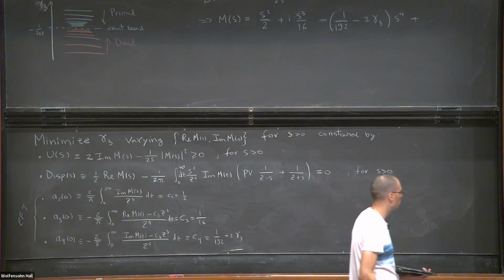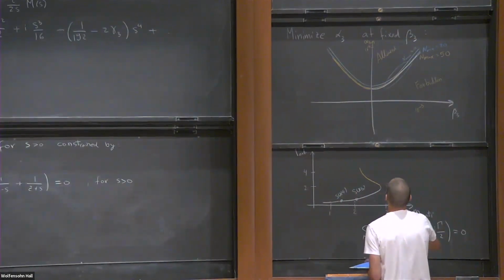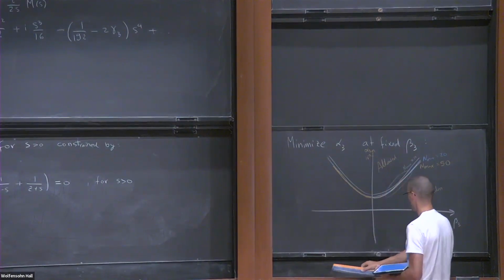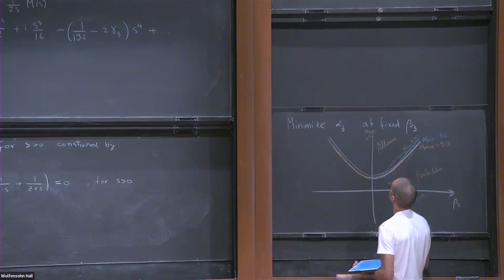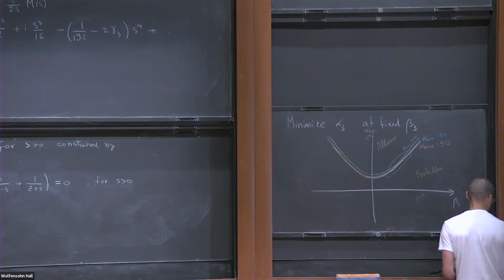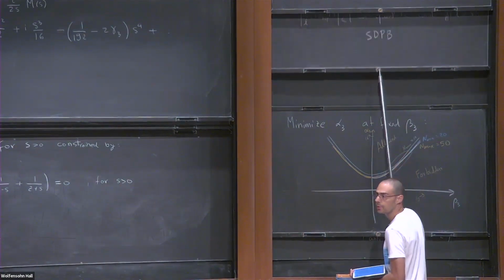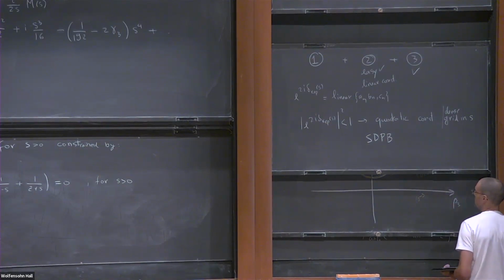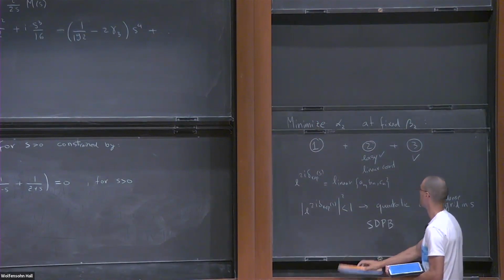Now, how do you then formulate the dual problem? No, I should not erase this. So it's very systematic. You just have to define a Lagrangian, and you impose the constraints by introducing Lagrange multipliers.